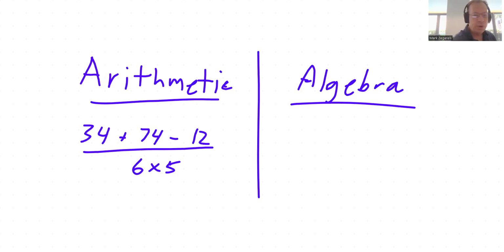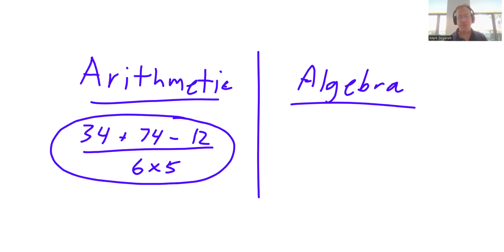And then you will crunch these numbers using the rules of PEMDAS, which I'm not going to go into heavily because that is a real arithmetic concept that gets pushed into algebra. But arithmetic is all about numbers, to make it super, super simple, and operations.